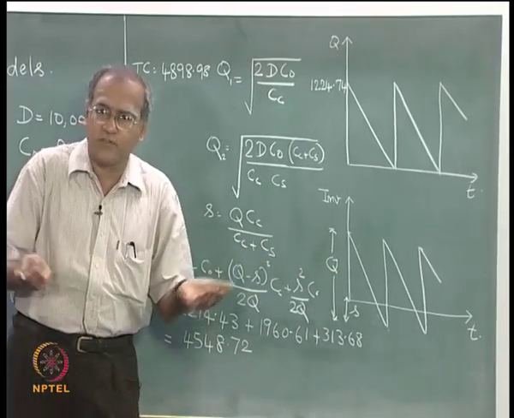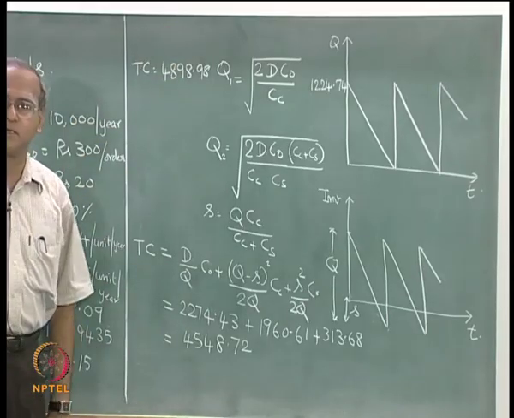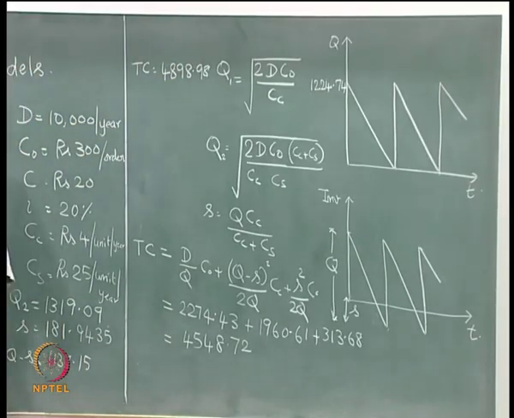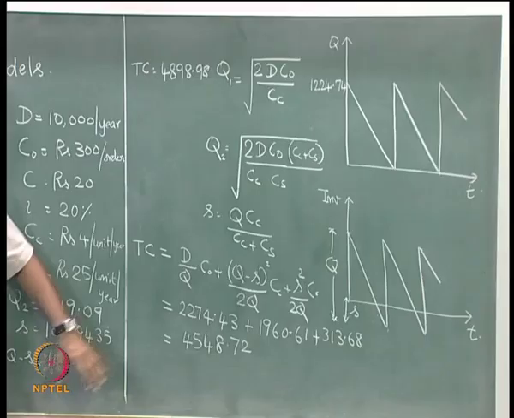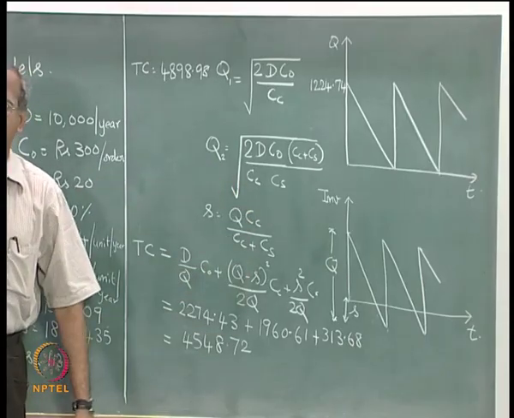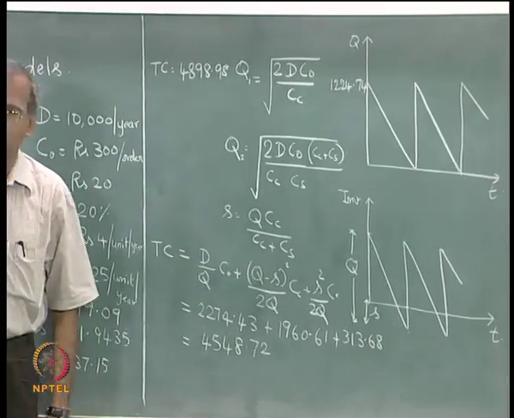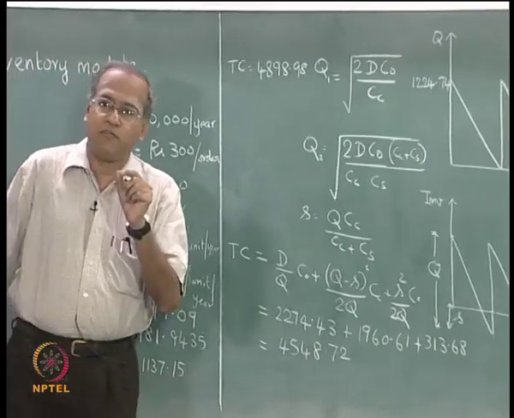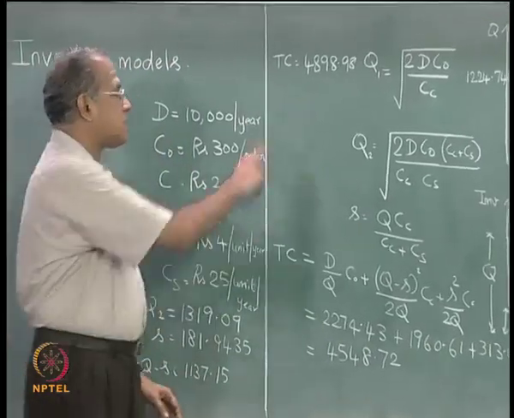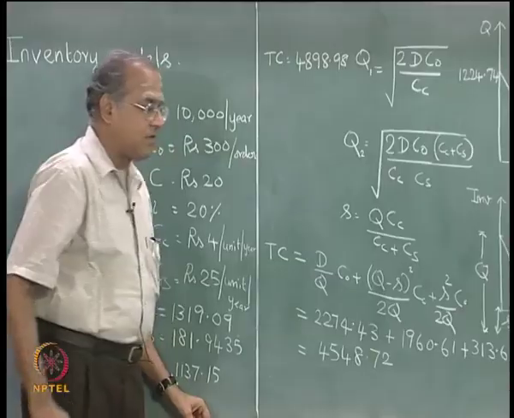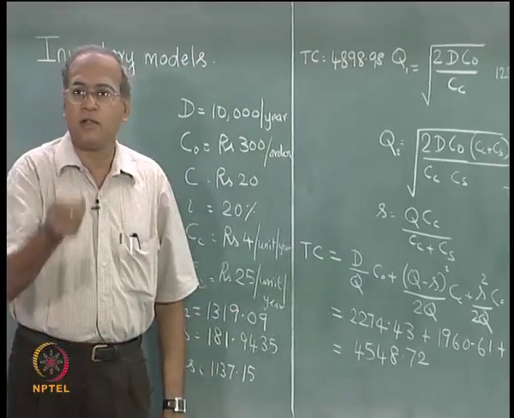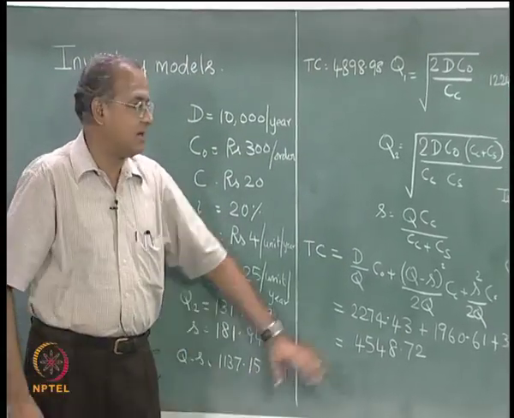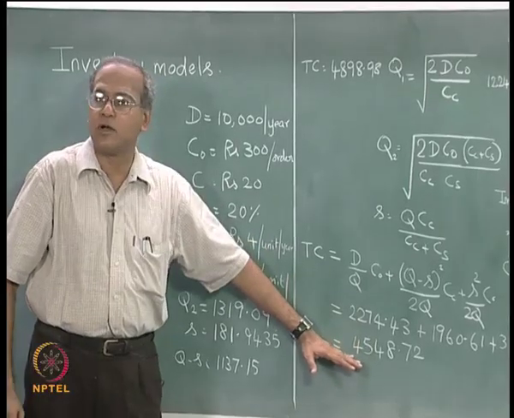So on the face of it, by merely looking at these numbers, one would be tempted to agree and believe that the model with back ordering is desirable. If we have to make a decision only based on the total cost, then we might say yes, the model with back ordering has lesser total cost.